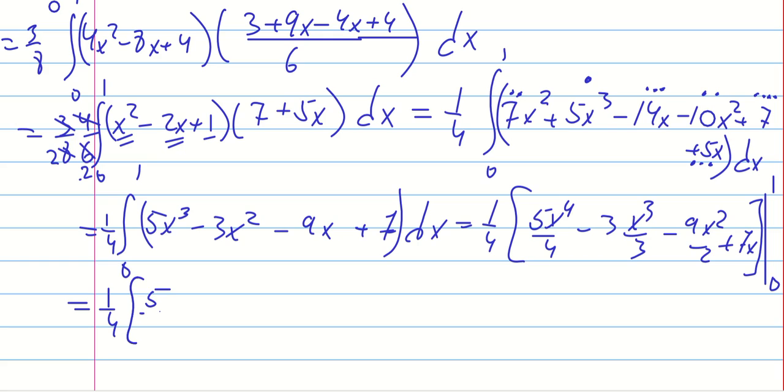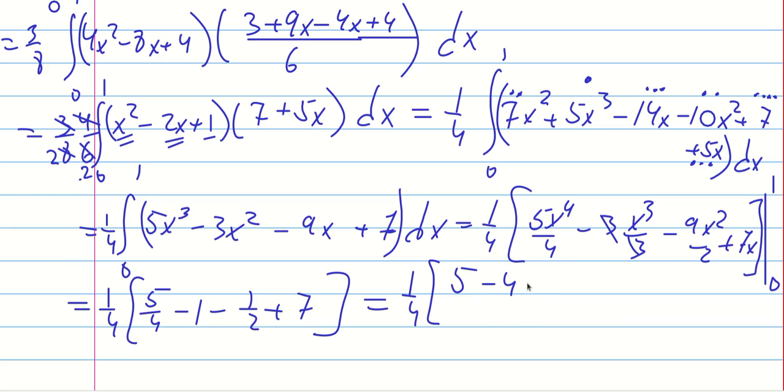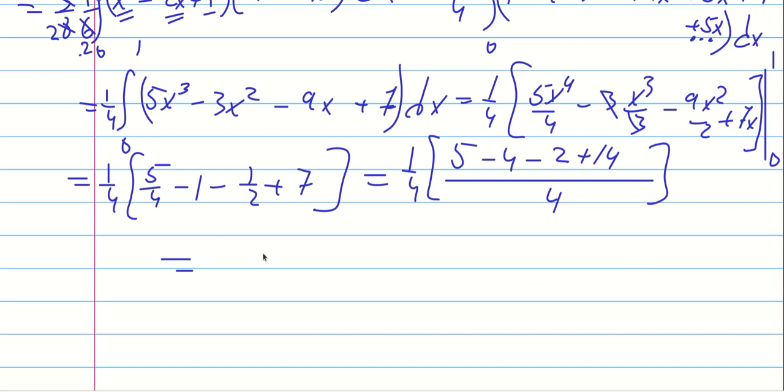So we have 5/4 minus 1, because 3 and 3 we can divide, minus 1/2 plus 7. Right, so common denominator is 4. So we have 1/4, 5 minus 4 minus 2 plus 14/4. And that's almost an answer. So negative 6, so it's negative 1.